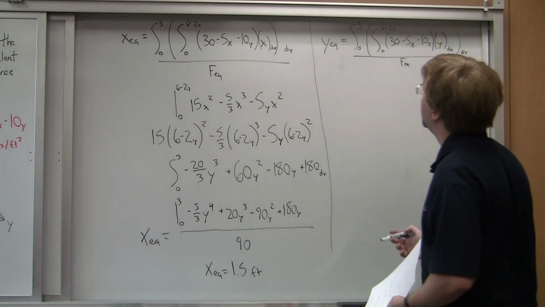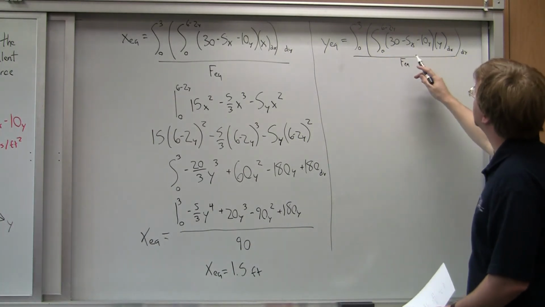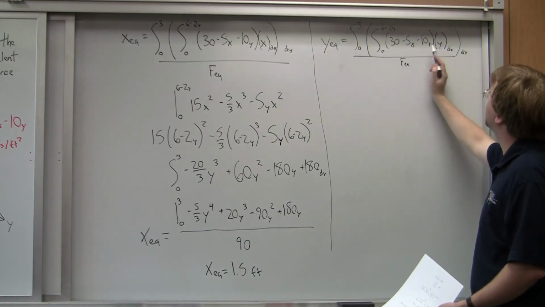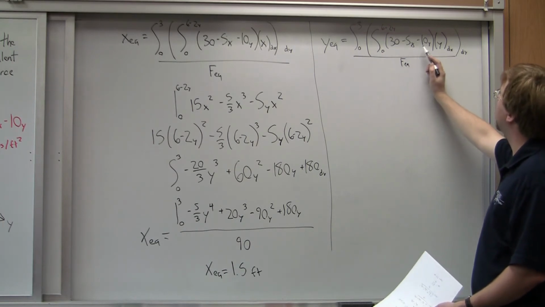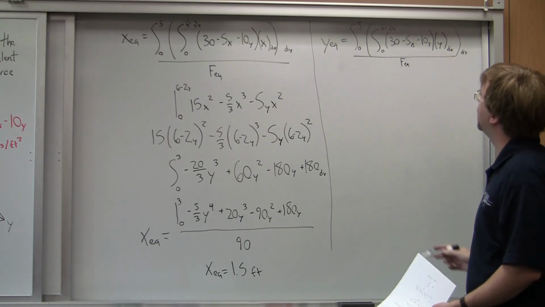So if we take this inner integral, it's going to be 30 minus 5x minus 10y times y. We get a y in all those.